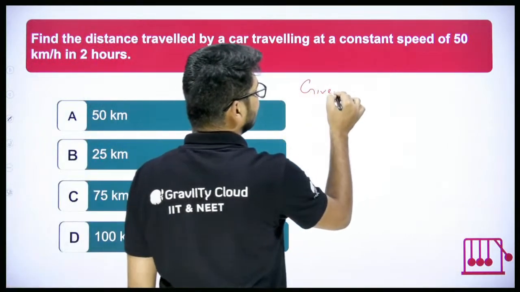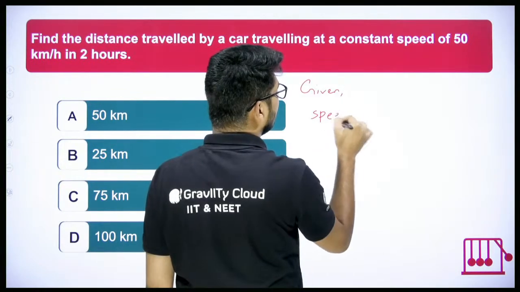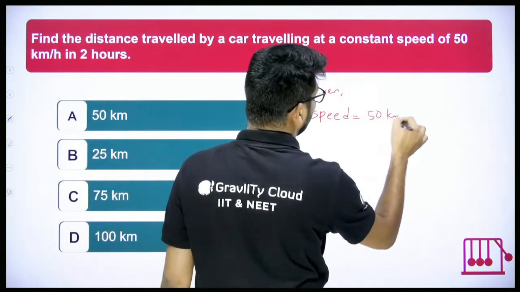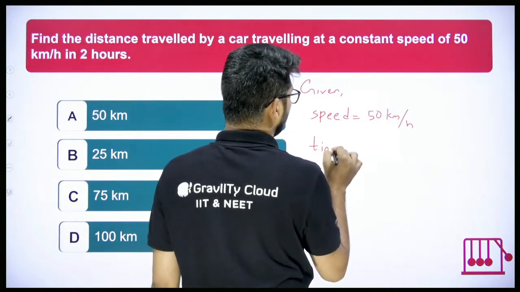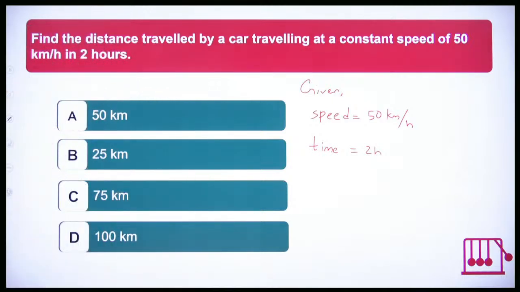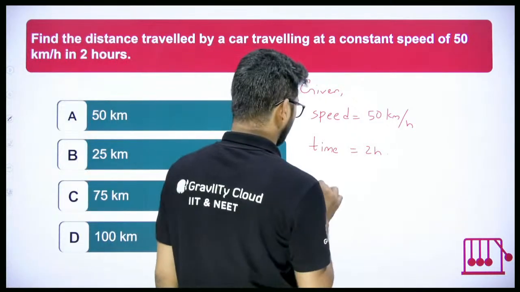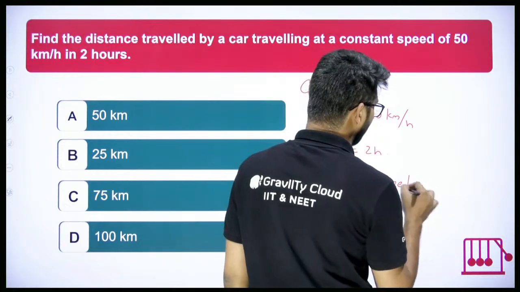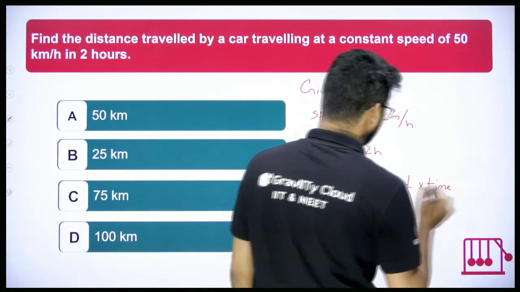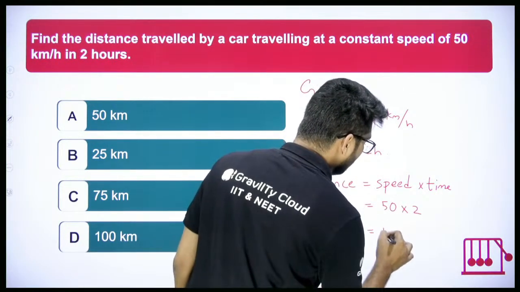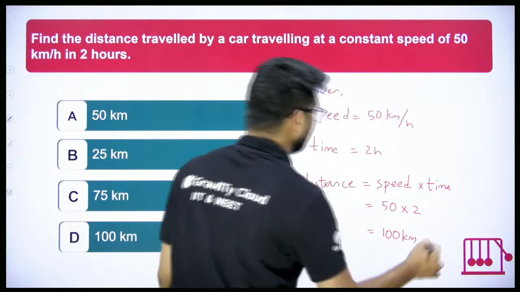Speed is equal to 50 kilometers per hour, time is equal to 2 hours, and we find the distance traveled. Distance is equal to speed into time. Speed is 50, time is 2. We'll get 100 kilometers.